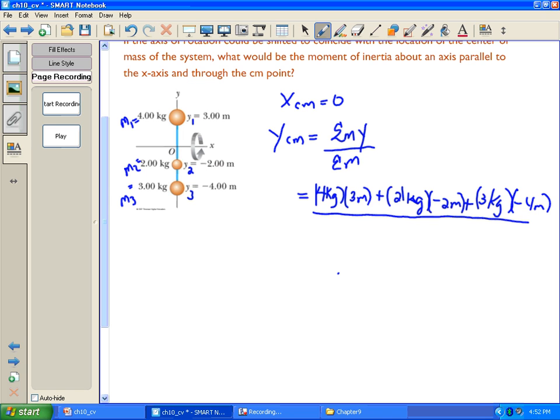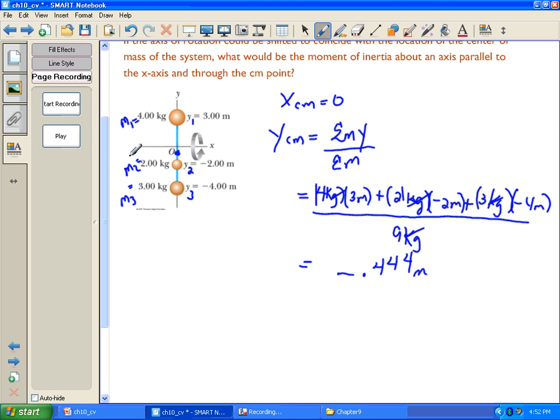Divide that by the sum of the masses: 4 plus 2 is 6 plus 3 is 9 kilograms. All the kilogram units cancel, common in both numerator and denominator, as they should. And our value for y center of mass is minus 0.444 meters.